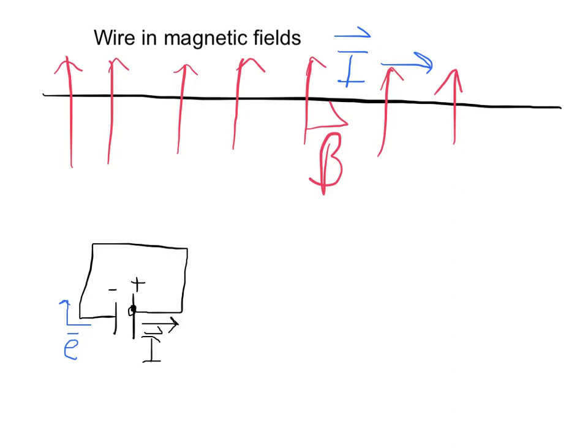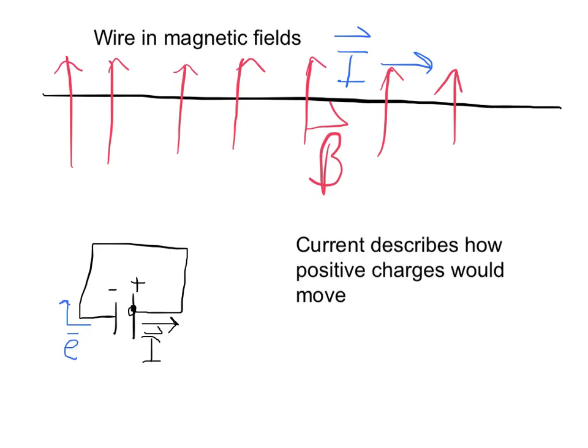Now this is really convenient when it comes to the right-hand rule for magnetism, though, because current describes the way a positive charge should move. We can just consider current to be velocity of a positive charge. So if I were to solve this problem and do the right-hand rule, my velocity would be in the same direction as my current. So I would say, okay, current is telling me positives are moving that way, even though we know that's not true.